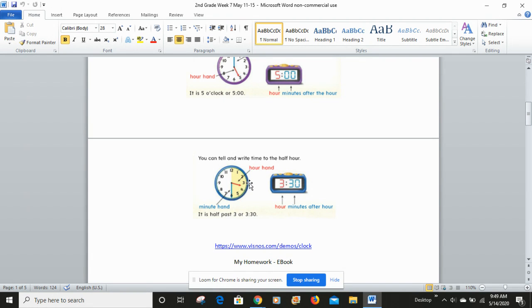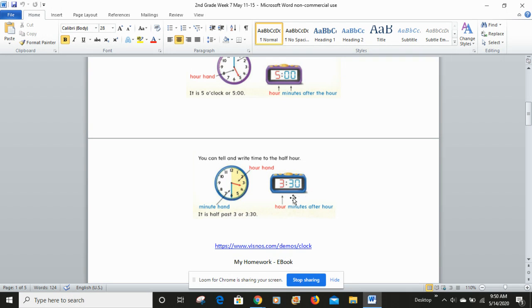So we still say the hour as 3, and the time is 3:30. And sometimes if you look at it, it divides this clock, this half and this half, right perfectly down the middle. So sometimes we'll say it is 3:30 or half past 3.